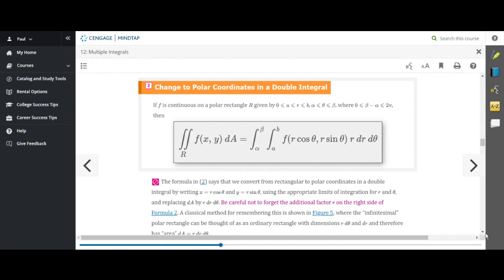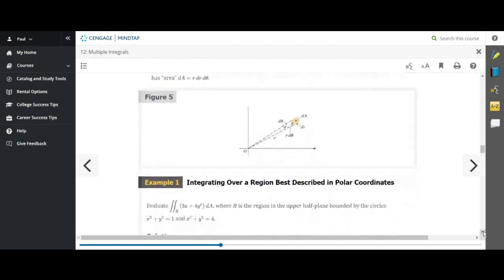Well, if we go to the next page, in figure 5 they show a piece of area, a dA. And the side of that little polar rectangle is the dr, and I'm going to say this the right way.